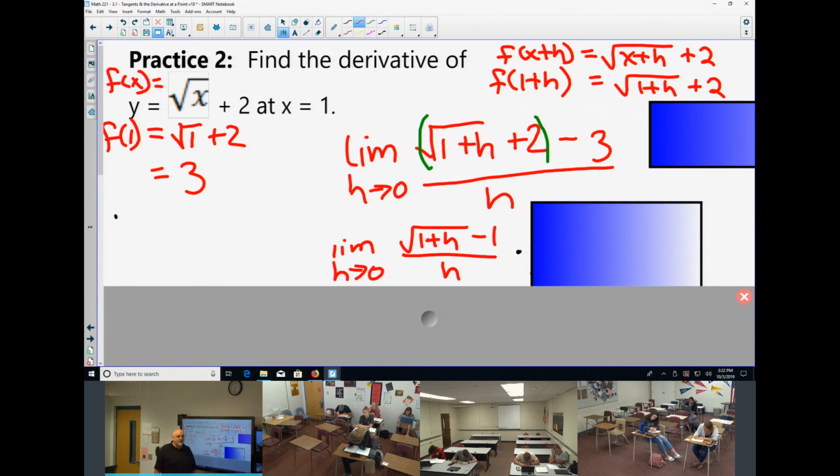Okay, now, what am I going to multiply by so I can simplify? The conjugate. The conjugate. And so what's the conjugate of the square root of 1 plus h minus 1?